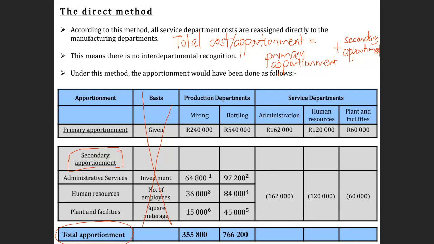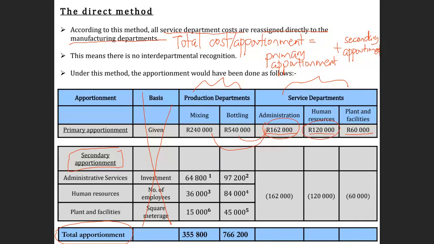Now let's look at the secondary apportionment. So with your secondary apportionment, remember under the direct method, the service department costs, we said, get allocated or reassigned directly to the production department costs. So basically, we're saying that these three service department costs, the 162, the 120, the 60,000, we're going to now reassign them to the two production departments. So basically, we're going to take this 162,000 for admin and we're going to split it between mixing and bottling.